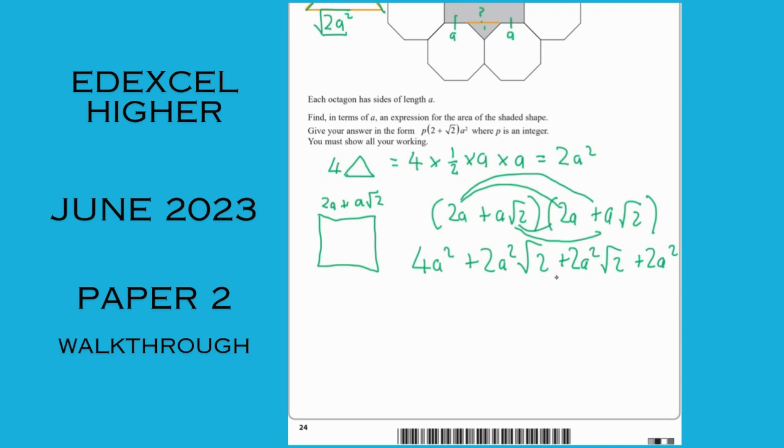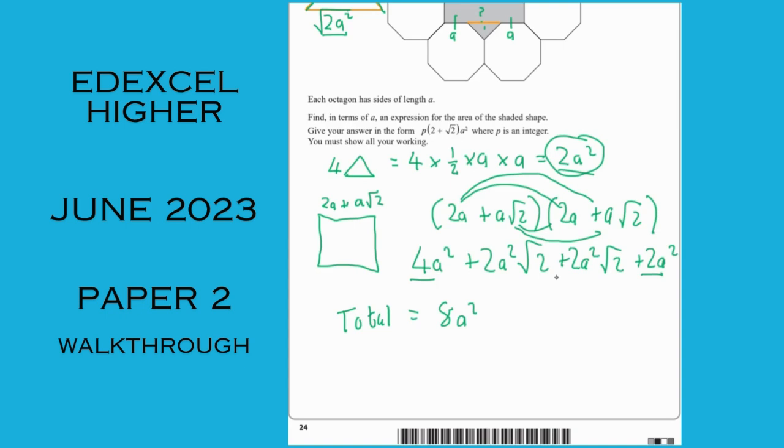There we go. So the total, let's not forget, also needs the 4 triangles. So we've got 4A squared and another 4A squared. We've got 8A squared.